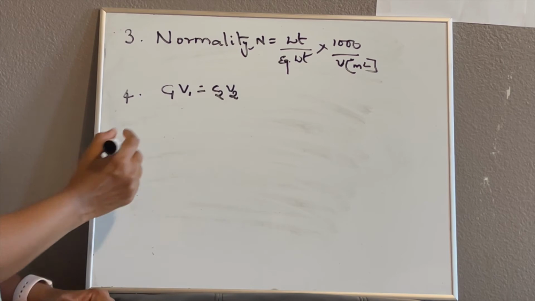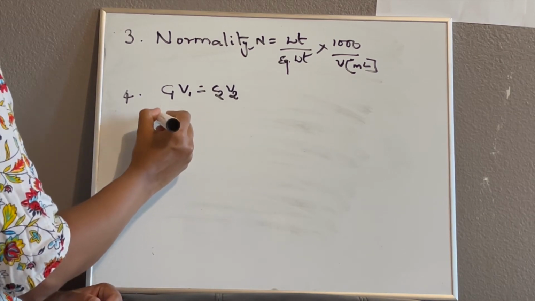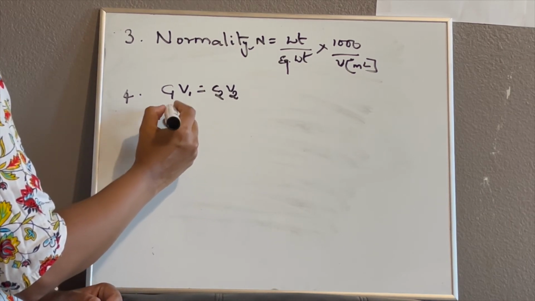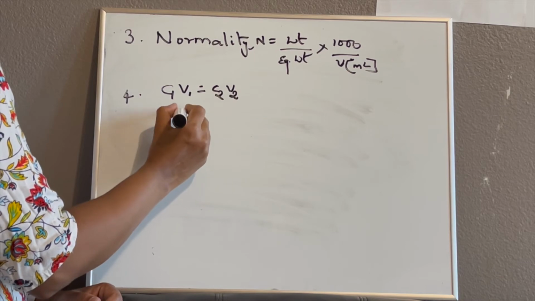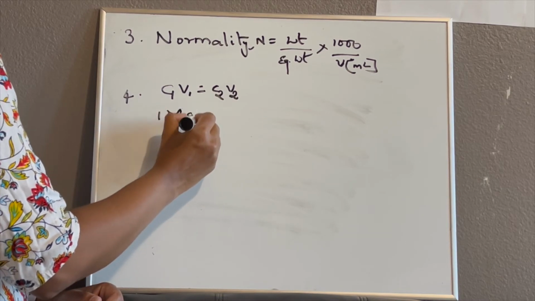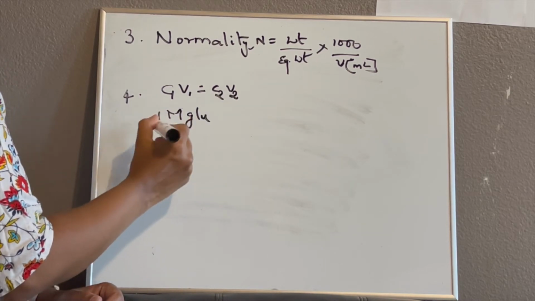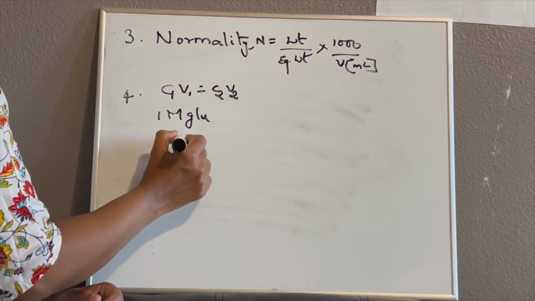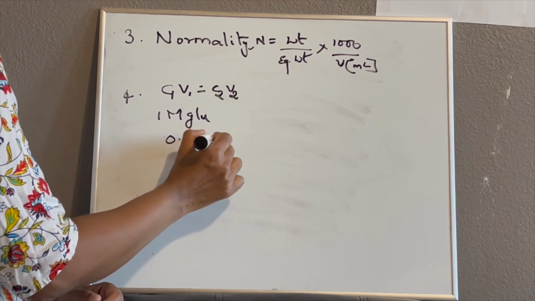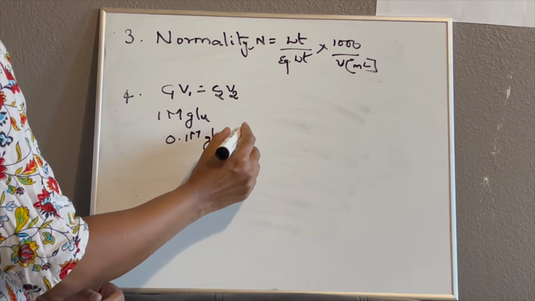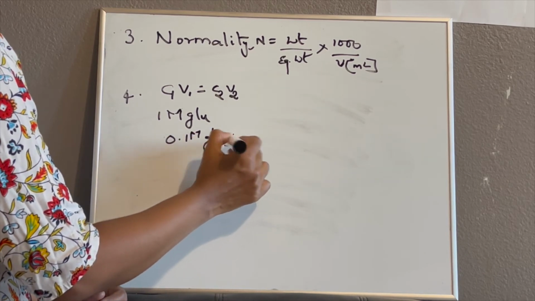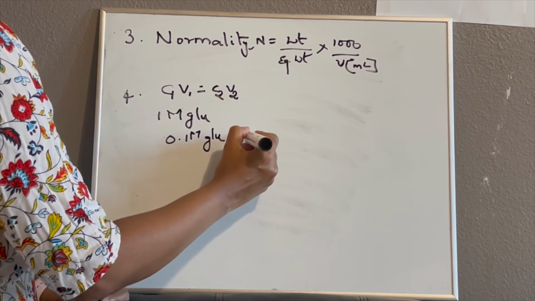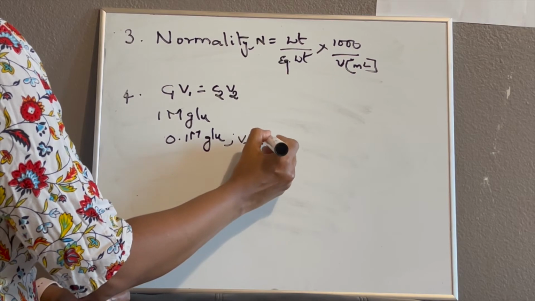For example, you have a 1 molar glucose solution and you want to make 0.1 molar glucose solution, and the volume you need is 100 ml.